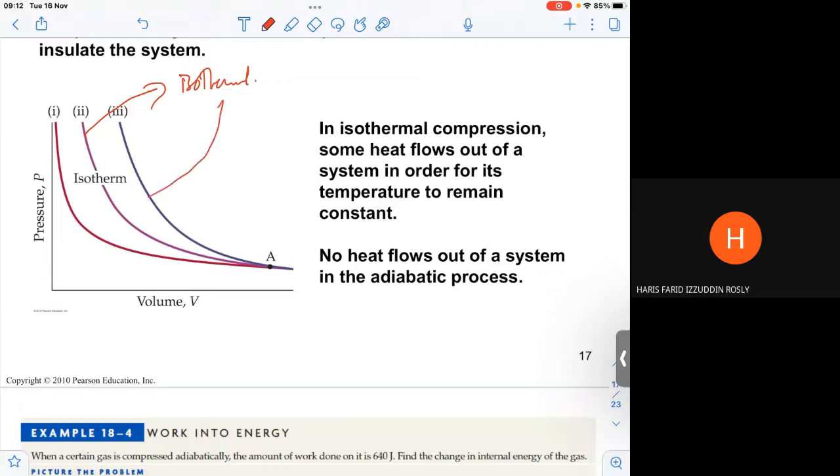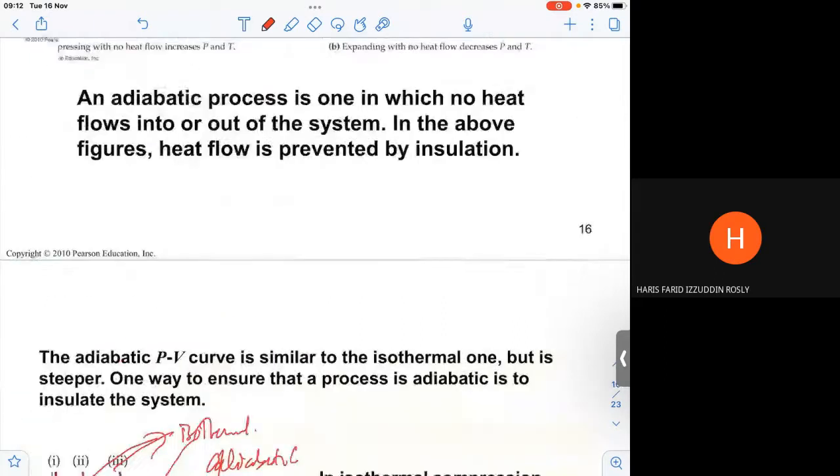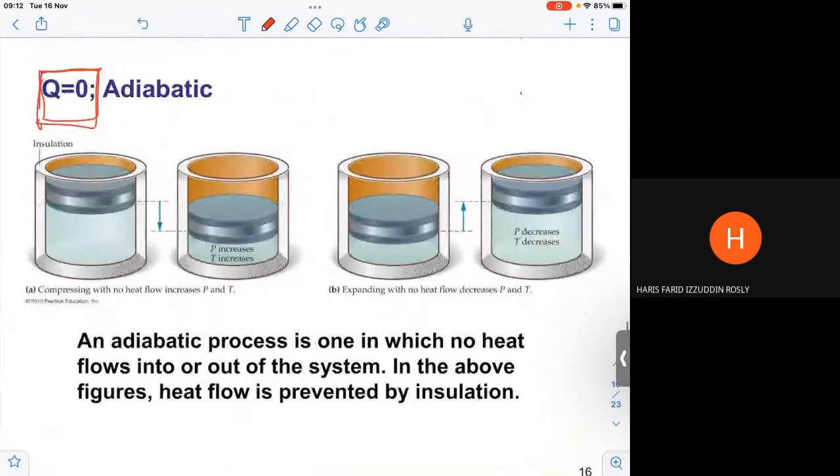Here. The answer is number 1. Sorry, this one is isothermal. So the adiabatic is steeper compared to the isothermal. The indicator of the adiabatic process in the PV graph is that it is steeper compared to isothermal. But another one is the heat will be zero.